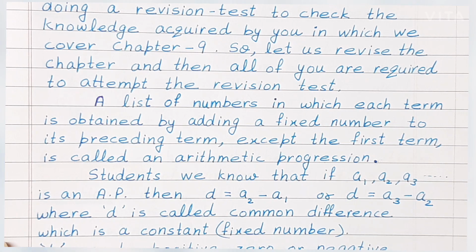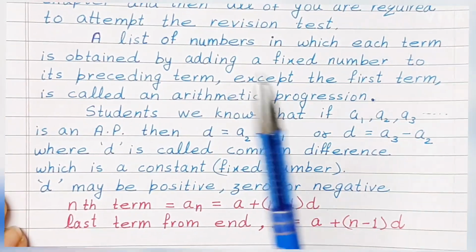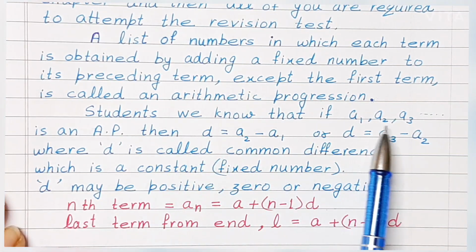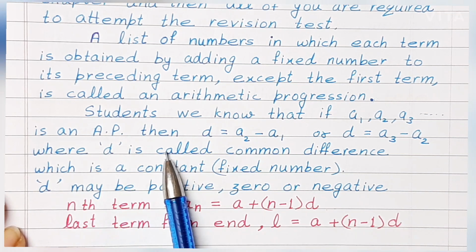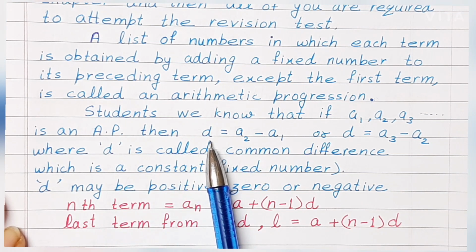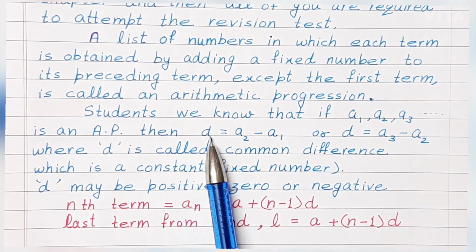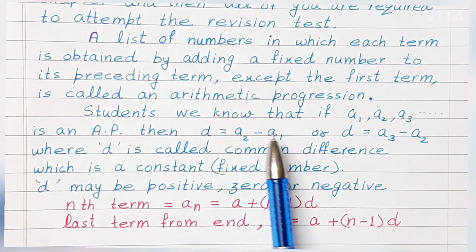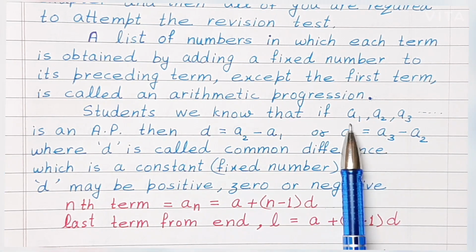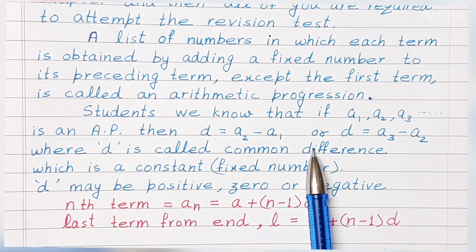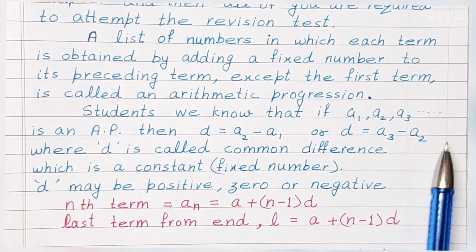So, if A1, A2, A3 and so on are in AP, then D, the common difference, is equal to A2 minus A1, that is next term minus previous term, or we can say A3 minus A2 and so on.